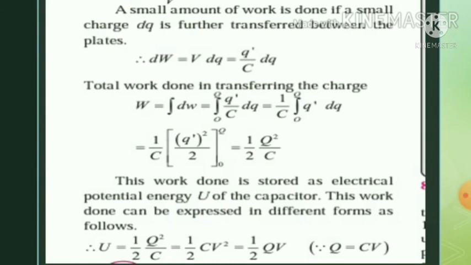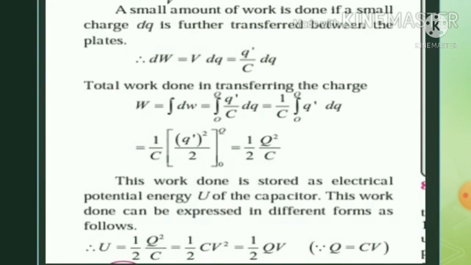This work done is stored as electrical potential energy U of the capacitor or condenser. In this equation we can obtain work done in storing as electrical potential energy U of the condenser or capacitor.